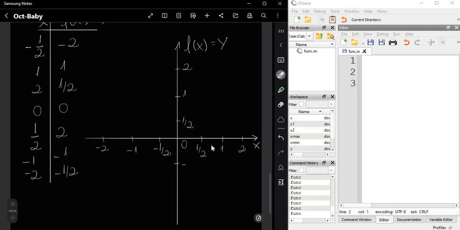Here the same, minus 1 over 2, minus 1 and minus 2.